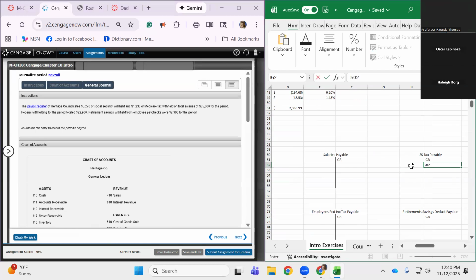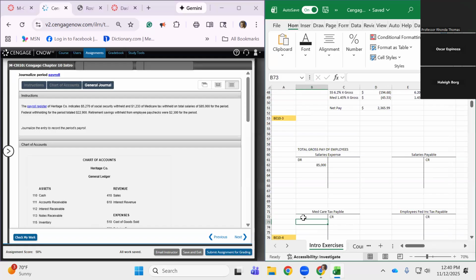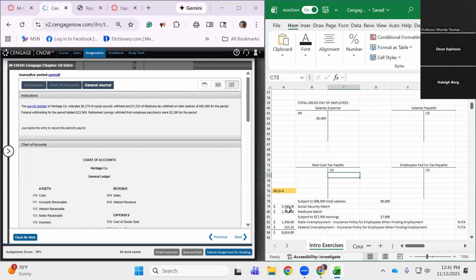So you don't have to calculate it. So it's going to be $5,270. Medicare is being withheld. This is not the match. This is the employee portion.